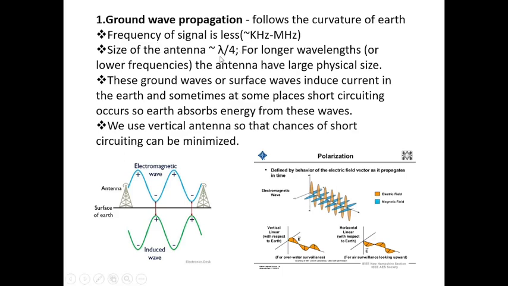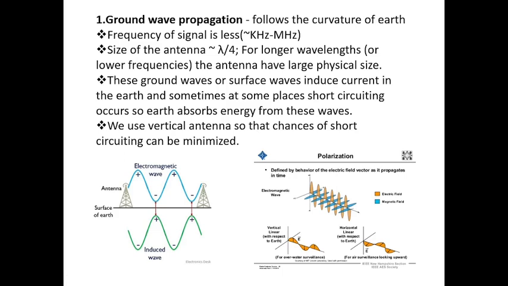So the size of the antenna is approximately lambda by 4. For these ground waves, frequency is less, which means wavelength is large. So for longer wavelengths, lambda is large, so the height of the antenna is very large.